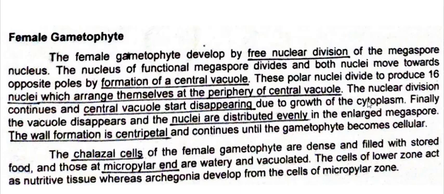Then these polar nuclei divide to produce 16 nuclei, and these arrange themselves at the periphery of the central vacuole, on the outer side of it. The nuclear division continues, and the central vacuole starts to disappear, because in the center the cytoplasm starts to grow.